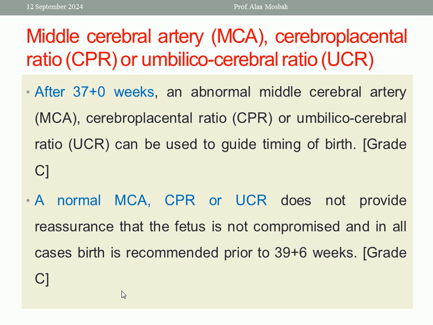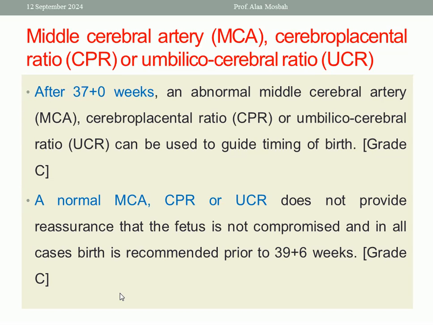What about middle cerebral artery, cerebroplacental ratio, or umbilical cerebral ratio? After 37 weeks, an abnormal middle cerebral artery or cerebroplacental ratio or umbilical cerebral ratio can be used to guide timing of birth, but not before 37. We should know that, okay?